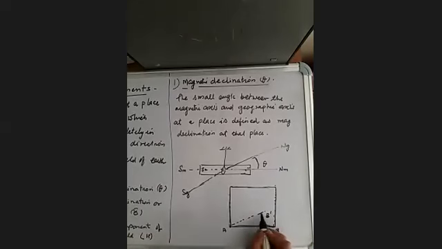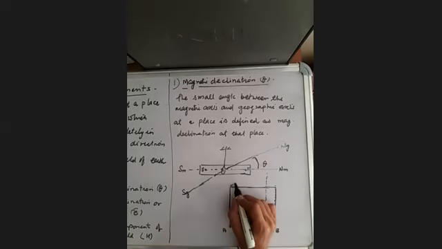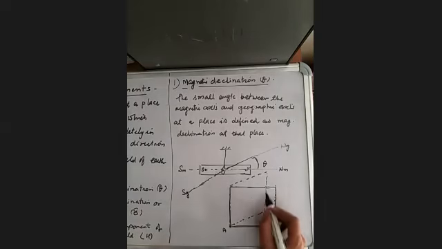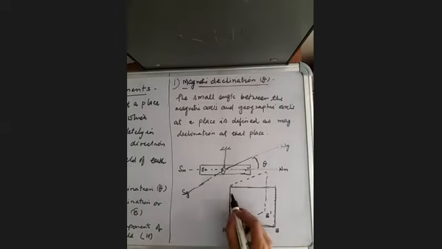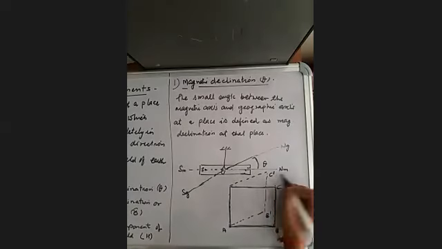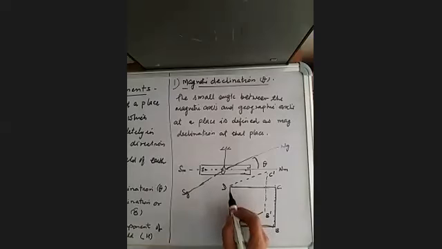And the geographic meridian is a vertical plane passing through the geographic axis. So let us make the geographic meridian. So this plane is the geographic meridian and this plane is the magnetic meridian. If I call this C, this will be, suppose, C dash, and this is D. So ABCD is the magnetic meridian. AB dash C dash D is the geographic meridian.